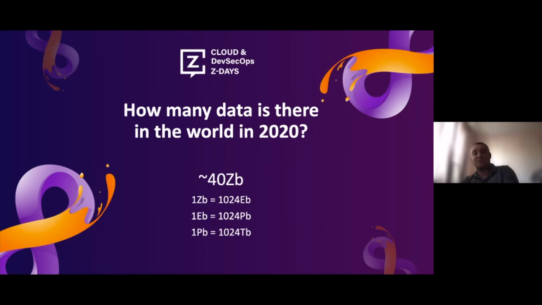zettabytes. Could you imagine this amount of data? I actually had to Google what a zettabyte is. So, 1 zettabyte is 1,000 exabytes, which is 1,000 petabytes, which is 1,000 terabytes. It's just a huge amount of data. And with modern technologies, it comes to mind that this data should not only be stored somewhere, it should be processed.